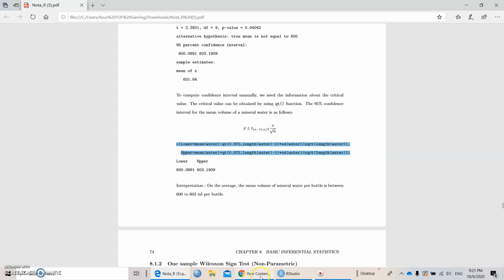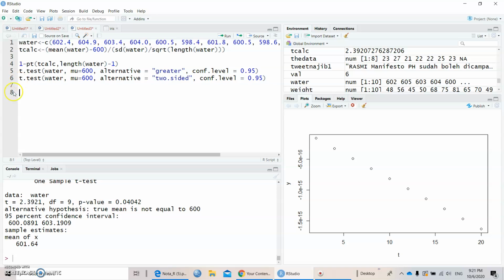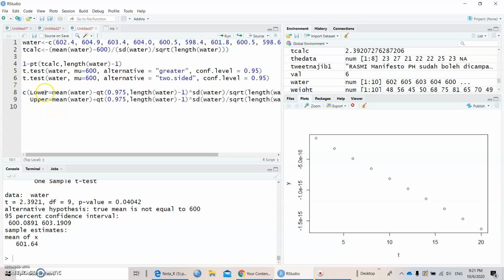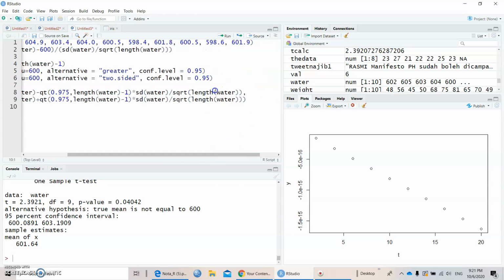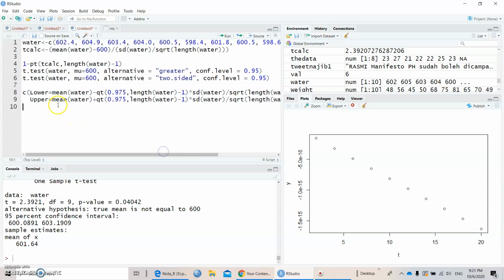For the lower limit, x bar minus t alpha over 2 with degrees of freedom n minus 1, multiplied by the standard deviation over square root of the length of water. For the upper limit, the mean x bar plus t alpha over 2 with degrees of freedom n minus 1, times the standard deviation over square root n.